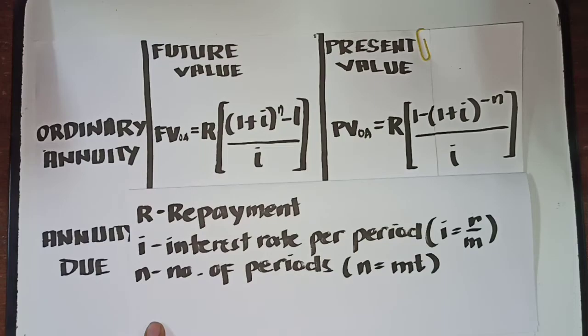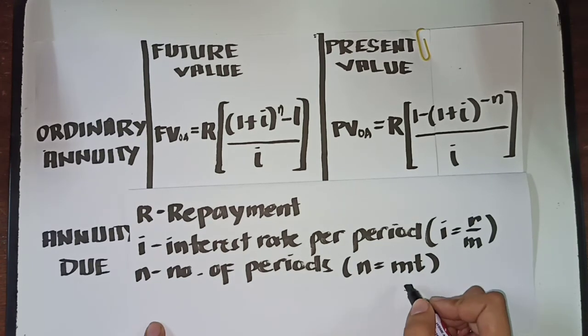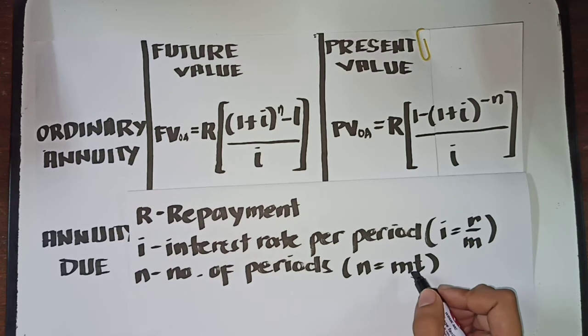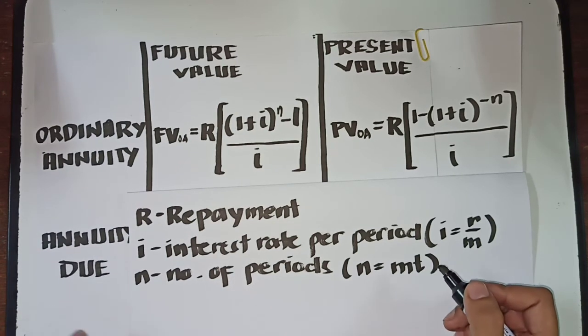Again, we can solve for the value of N using this formula. N is equal to MT, or the product of M and T, where M is the number of compounding periods and this T is the time in years.